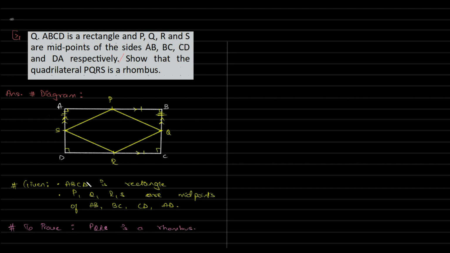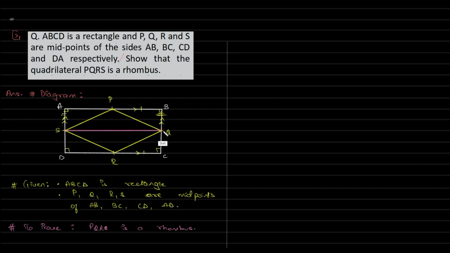So what's special about a rhombus? Well, let's list one by one. First is the sides. All the sides are equal and they're supposed to be parallel to the opposite sides. Next, about angles, opposite angles are equal. And about diagonals, the diagonals intersect each other at an angle of 90 degree.